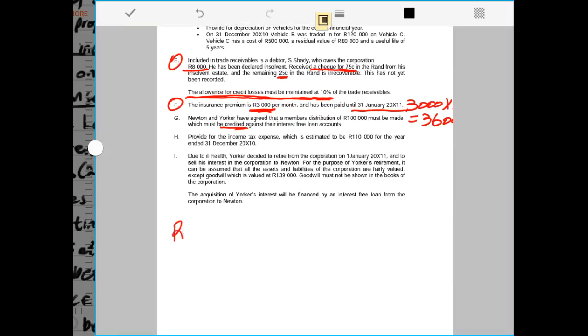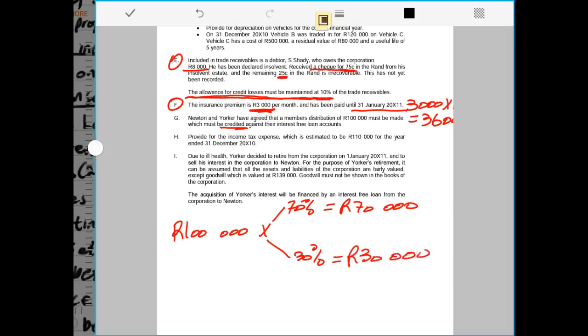We'll just have to say 100,000 rands times by, that will be 70%, and this will be 30%. Therefore, Newton will get 70,000 rands out of this distribution, and this member will get 30,000 rands out of this distribution. So now this is a distribution that is credited against their loan accounts.